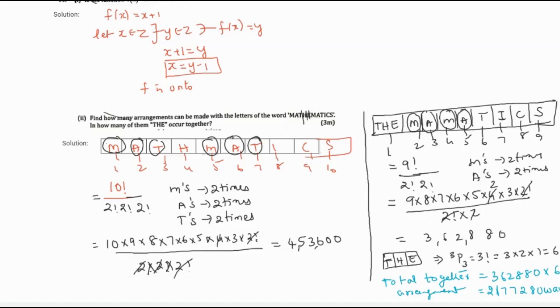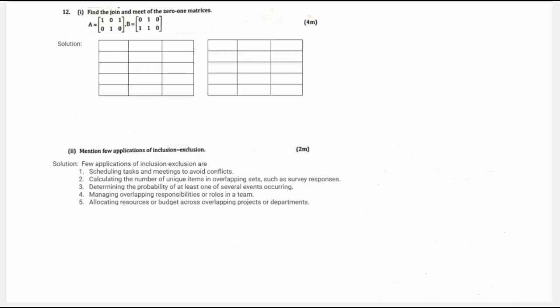So moving on to the next question, we have: find the join and meet of the zero-one matrices. What is join and meet?